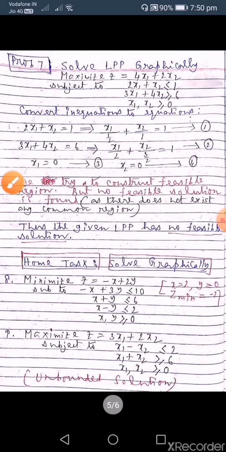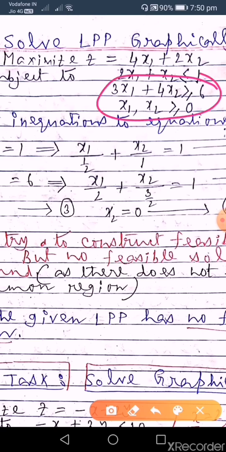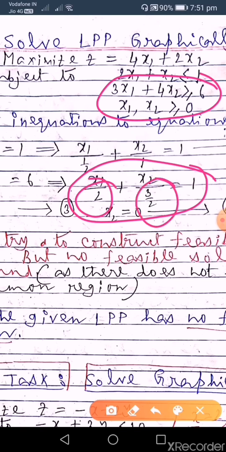And for the second one, you see 3x1 plus 4x2 greater than equal to 6. That means x1 by 2 plus x2 by 3 by 2 equal to 1. That means it will pass through the point (2, 0) and (0, 3 by 2). And as this is greater than equal to sign, so 0 plus 0 equal to 0 greater than equal to 6, which is not true.